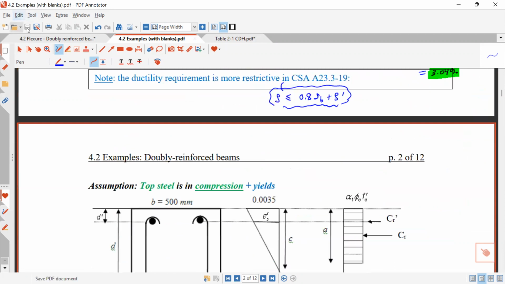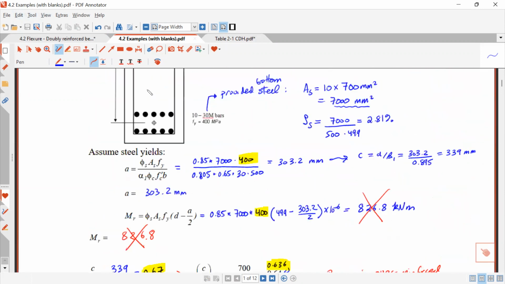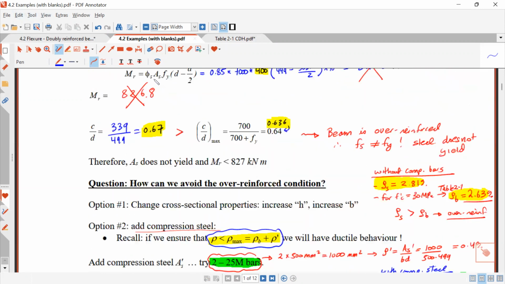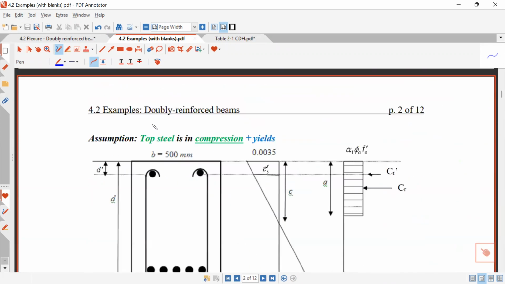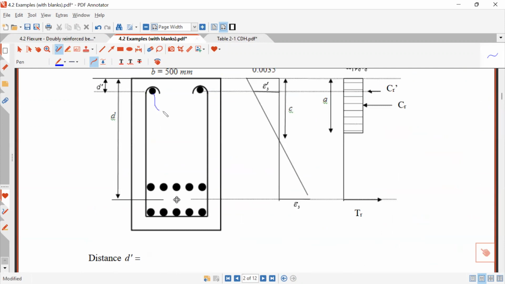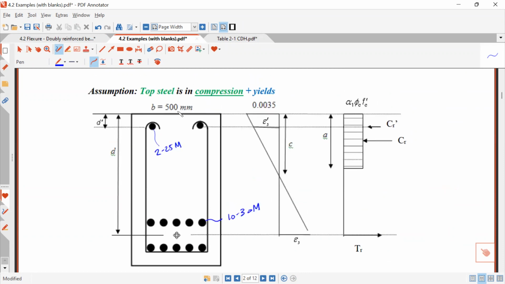Okay, so that's that. I think this class has gotten a little heavy, so I'm going to stop here. Next class, we're going to continue this example. So now we figured out that we're putting in here 225M, right? And here we have 10 30M. So the next step is how do you determine the moment resistance for this situation?